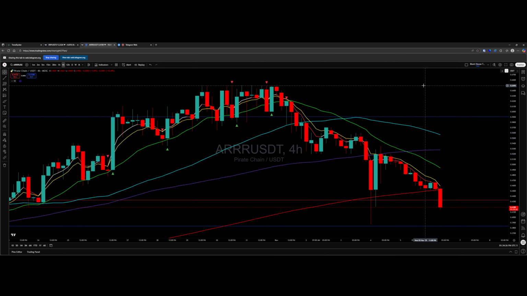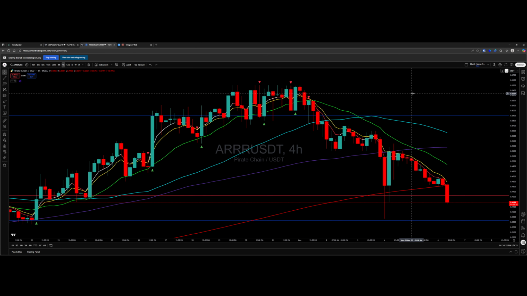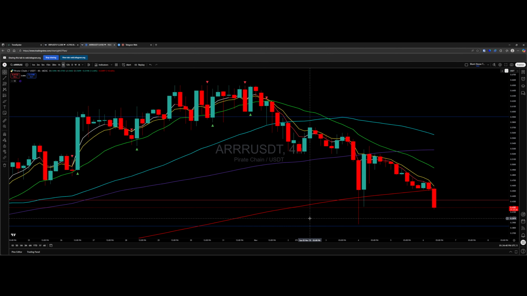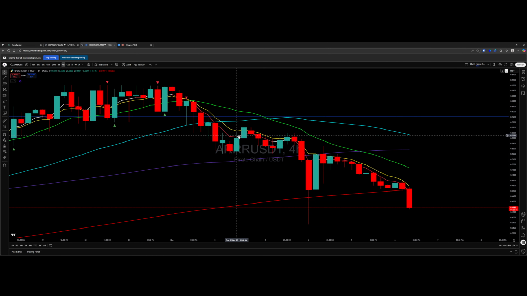Now, on this 4-hour chart, whether you took the short off the 4 hour or the 1 hour, have you had any reason to go long yet? No, this trend is still down.